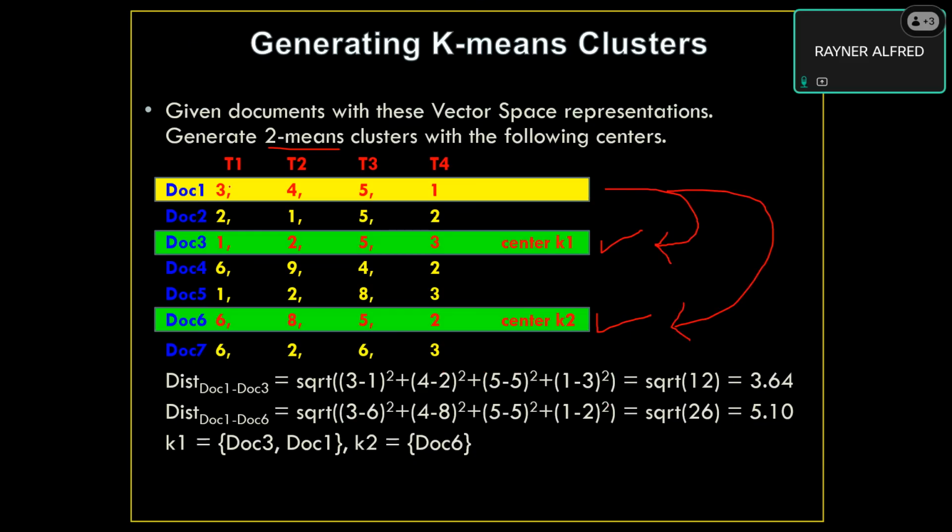For document 1 and document 3, the distance is computed as 3 minus 1, squared, plus 4 minus 2, squared, plus 5 minus 5, squared, plus 1 minus 3, squared. We add up all these values, take the square root, and we get 3.64.